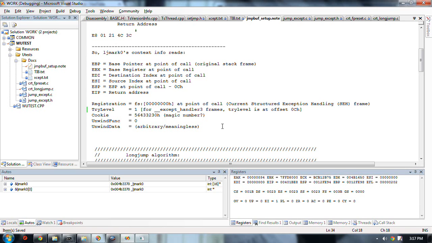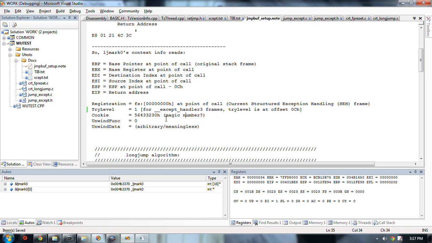Turns out that there's always something called a default unhandled exception handler. I think that one corresponds to that default, and that one's placed in by the operating system, I think.